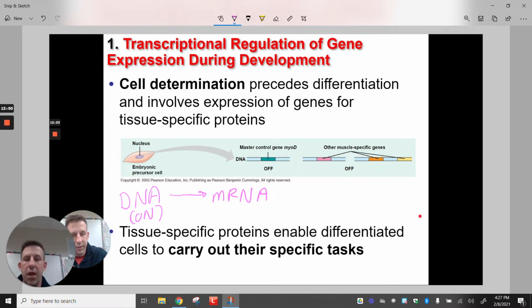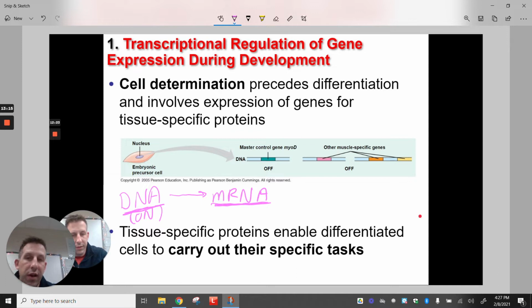And so when we want to turn this DNA on and make mRNA, we have to transcribe it. This gene in the DNA has to go through transcription. And transcription is actually a process that can be regulated. It can be turned on or off, right?